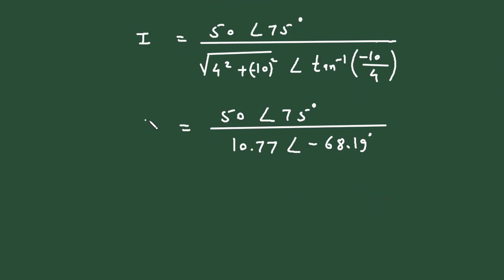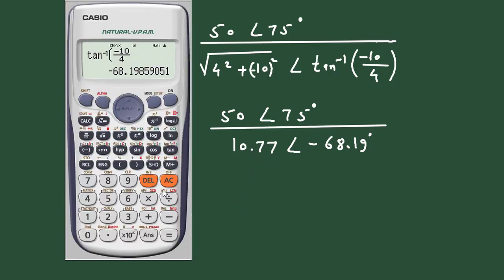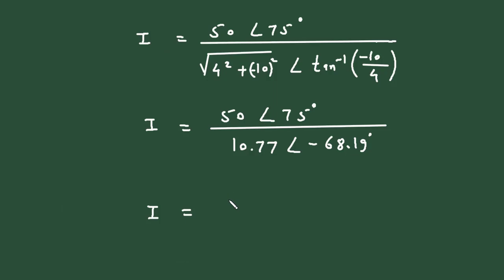Now we can further simplify this as I is equal to 50 divided by 10.77, so it is 4.64, at an angle 75, then minus, because we are doing the division, so it will be minus of minus 68.19.